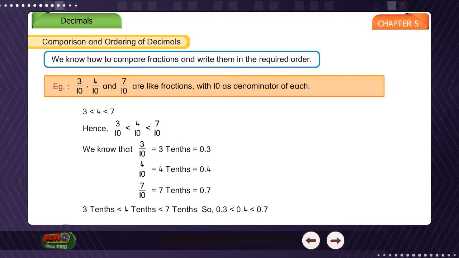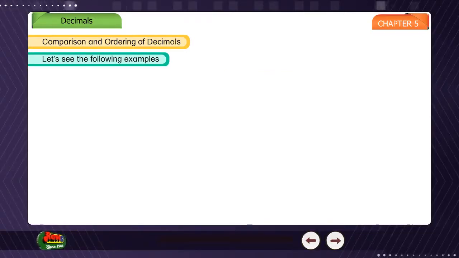So 0.3 is less than 0.4 is less than 0.7. Let's see the following examples.